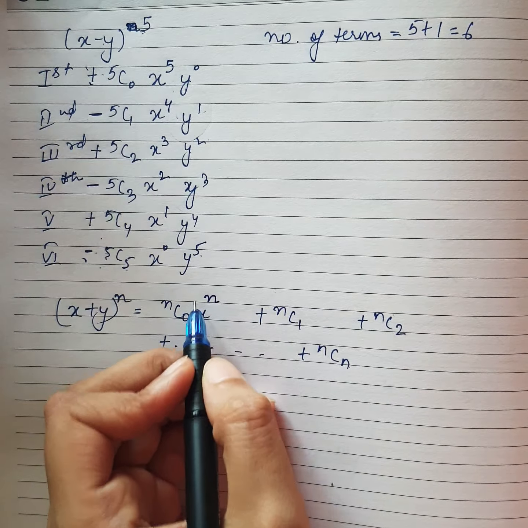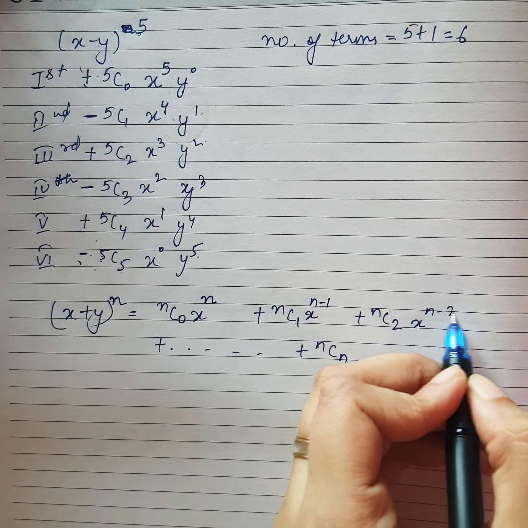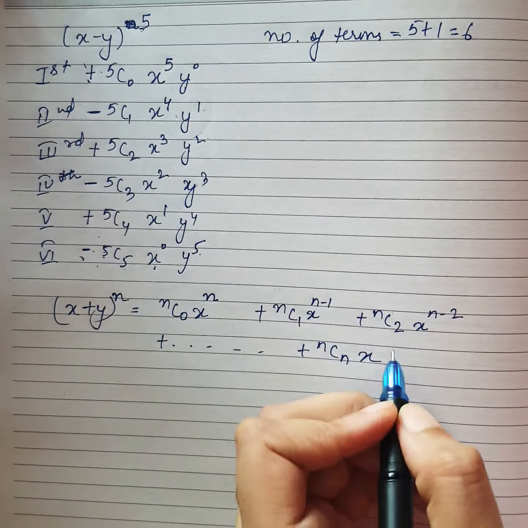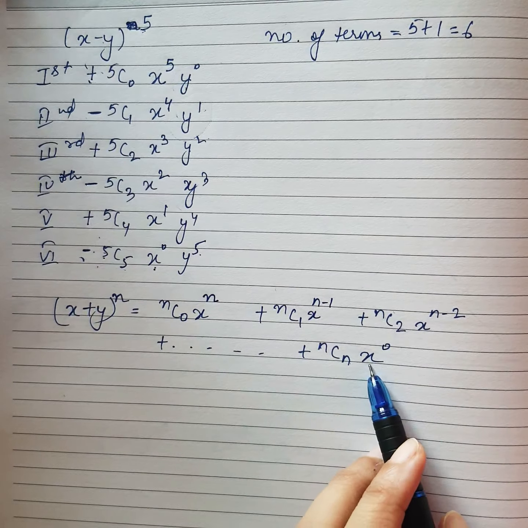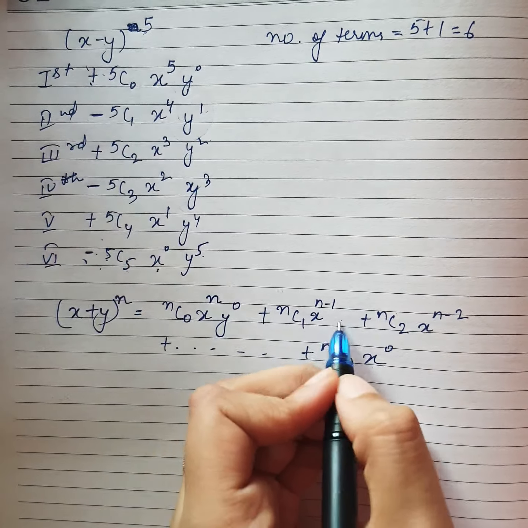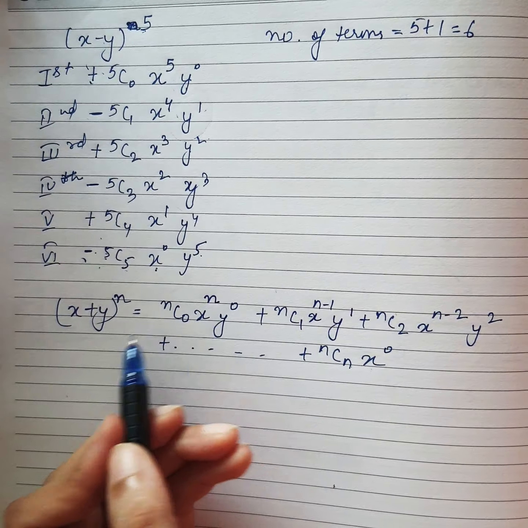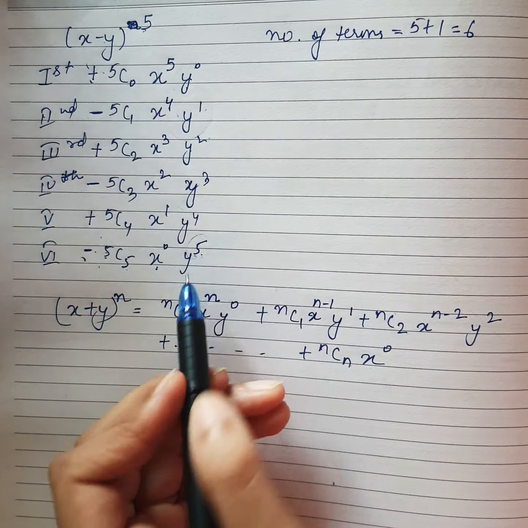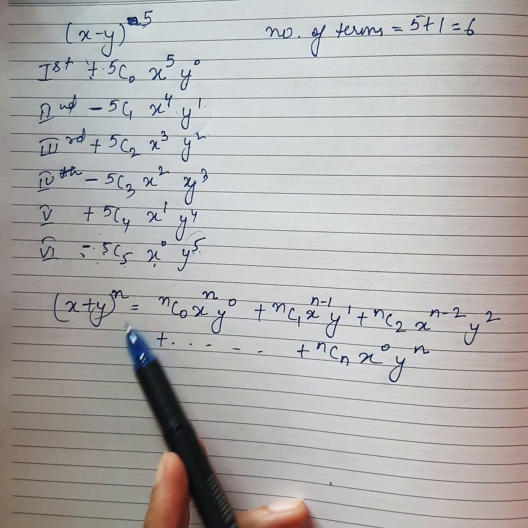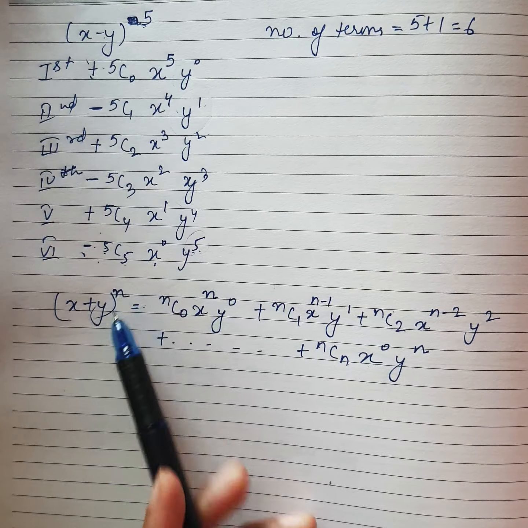So the highest power is n, then n minus 1, n minus 2, and in the last term it becomes 0. Then y power keeps on increasing from 0 to 1, 1 to 2, then 3, 4, and it will end at the maximum power, which is n. So this is the general expansion of any binomial raised to the power n.